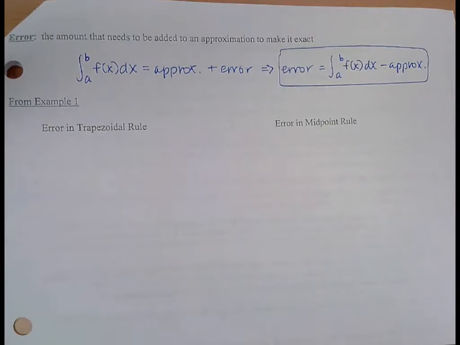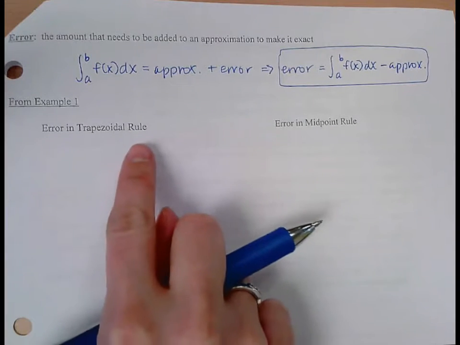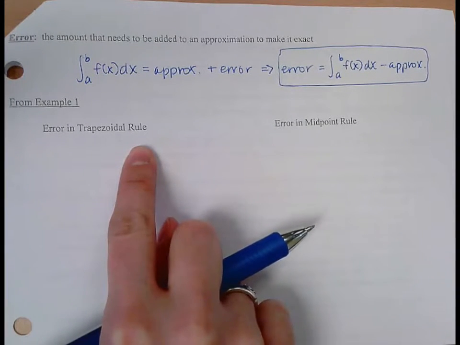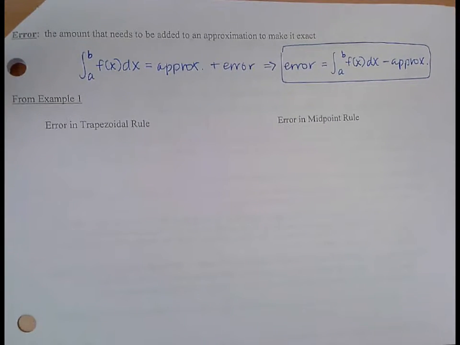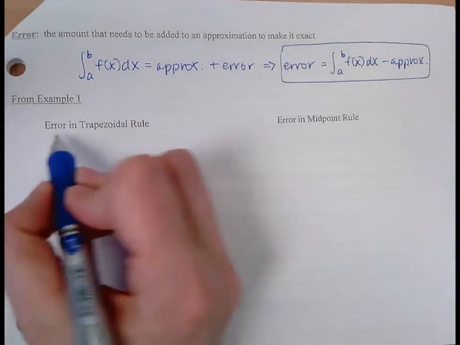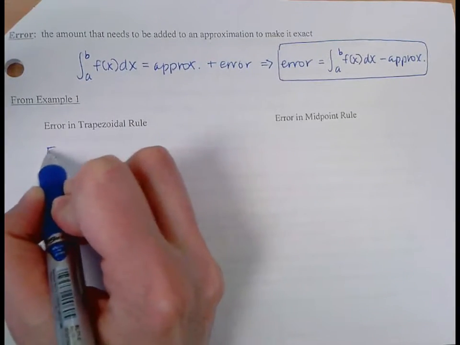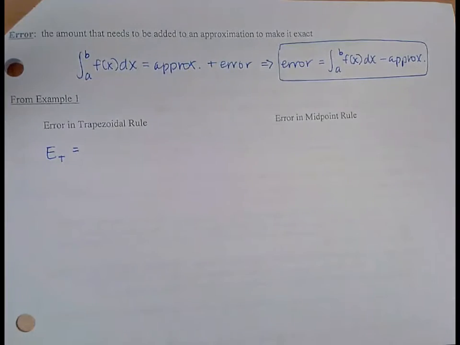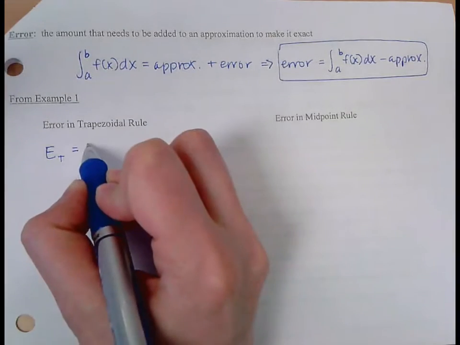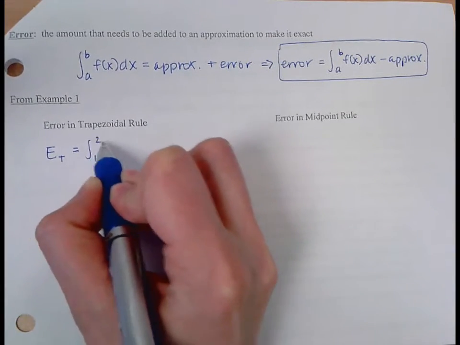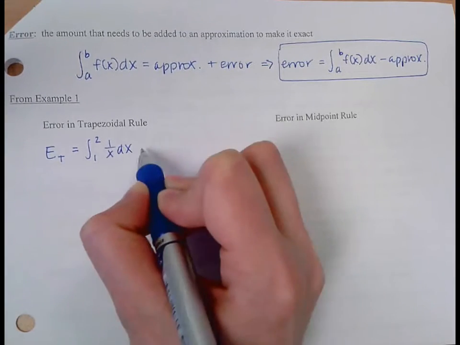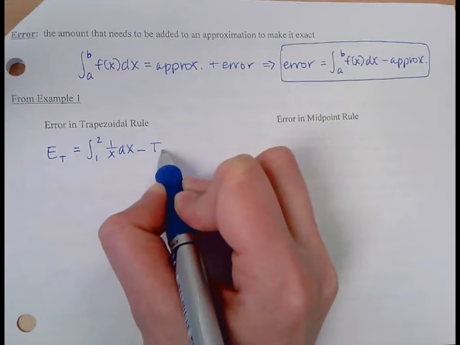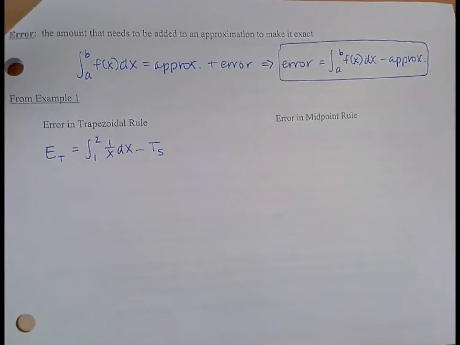Okay, so we're going to calculate the error that we found in the trapezoidal rule from the example we just did and the error in the midpoint rule. For the error in the trapezoidal, I'm going to call this E sub t. That error would be the exact value of the integral from 1 to 2 of 1 over x dx, minus the trapezoidal approximation T sub 5 that we found.